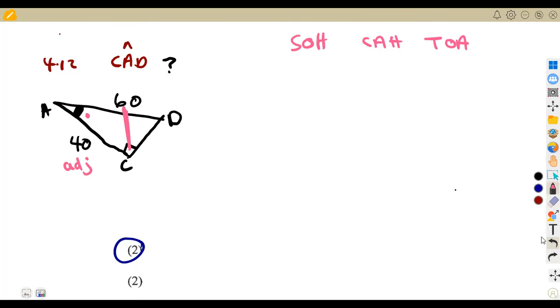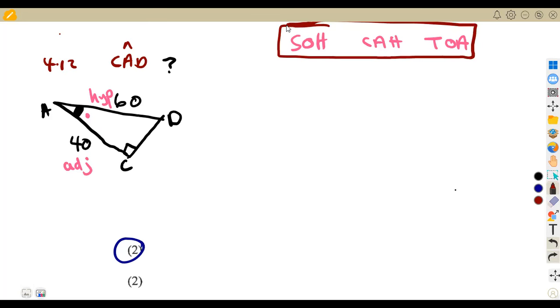It is facing 90 degrees, our right angle. So let us consider where we have the adjacent and the hypotenuse at the same time from these ratios. Is there a case where we have the adjacent and the hypotenuse at the same time? Yes, we have it on cos.